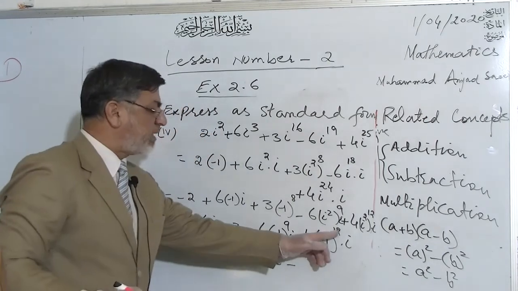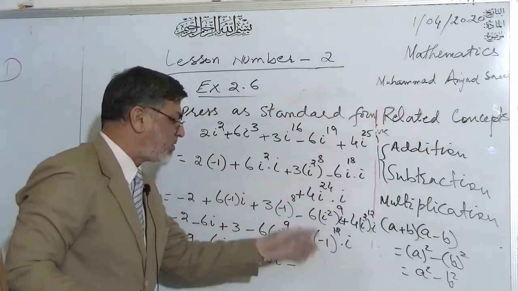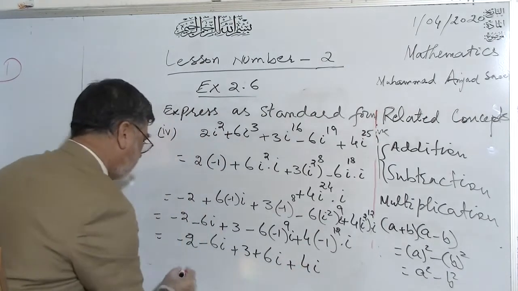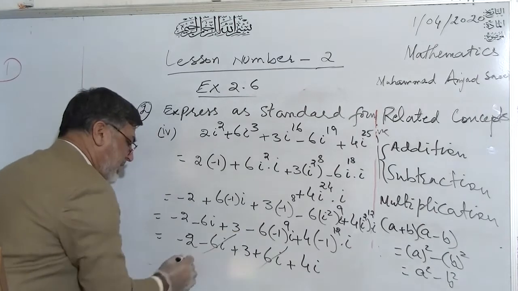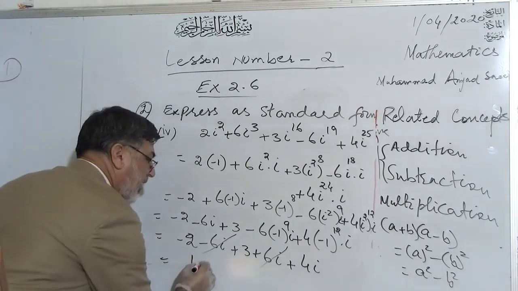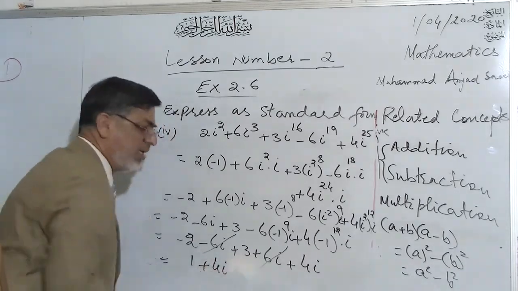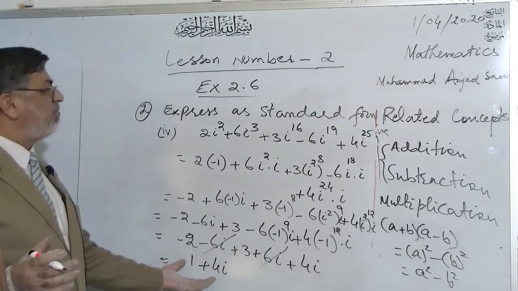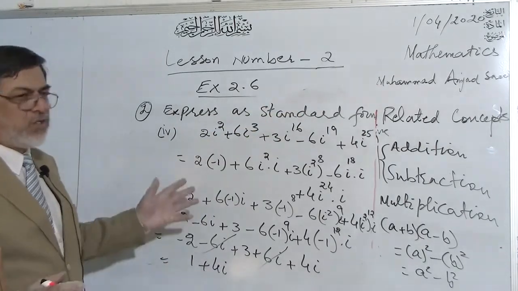Minus 1 power 12 is an even power, so it will make positive, and you will have plus 4 iota. Plus 6 iota minus 6 iota cancel out. You will have 3 minus 2 is 1 and plus 4 iota. So dear students, you have seen that our final answer is 1 plus 4 iota, which is actually in the form of a single complex number a plus iota b.